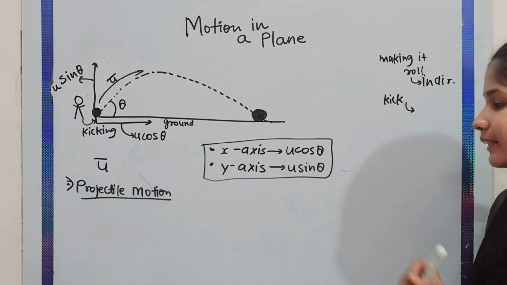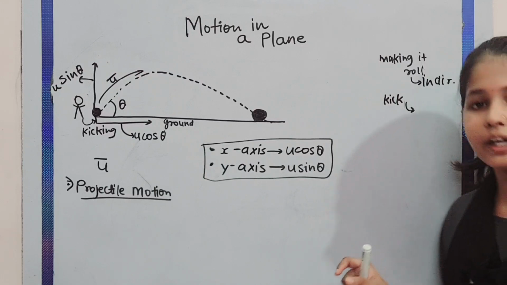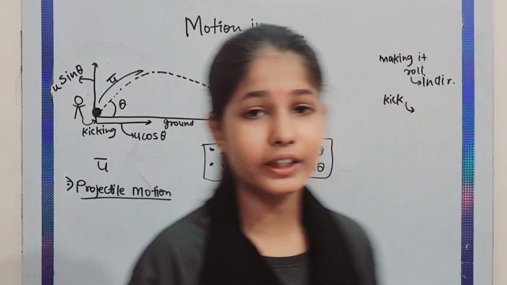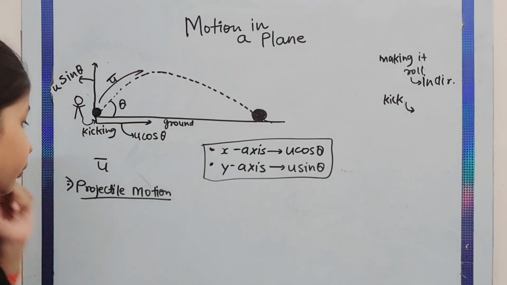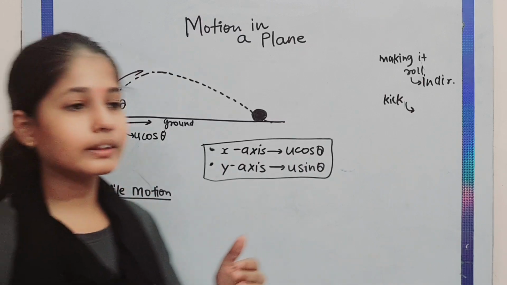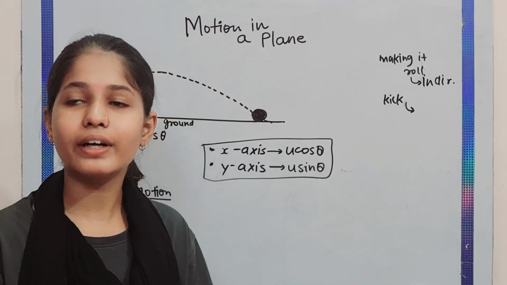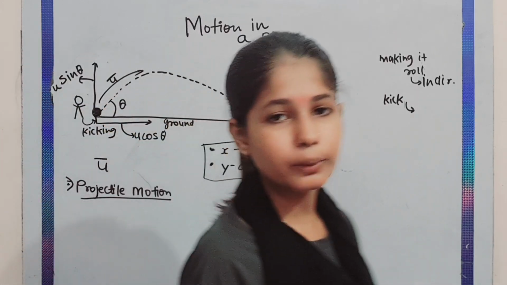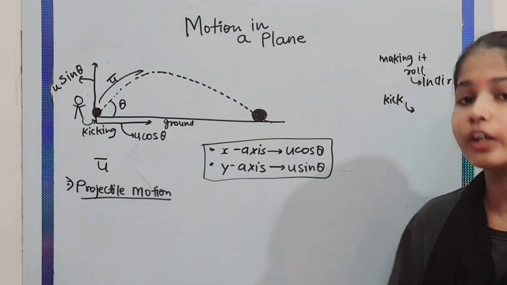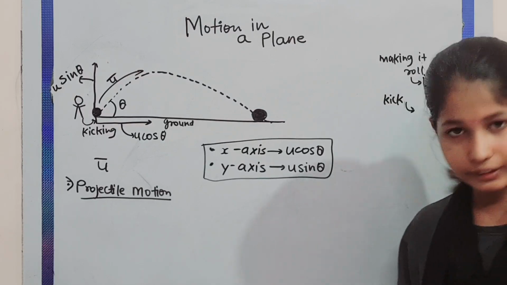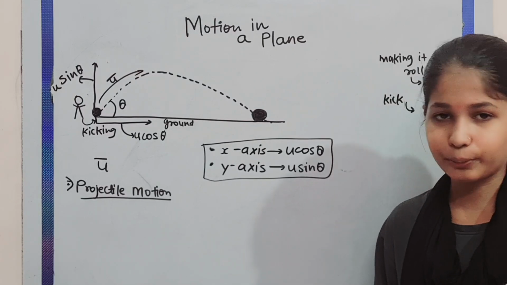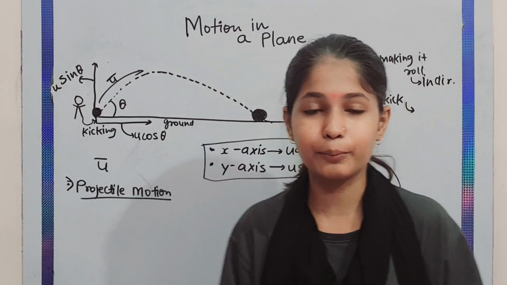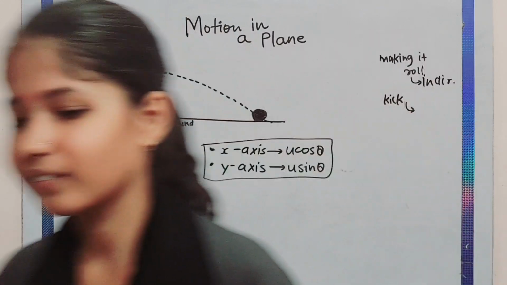Let us understand what is meant by projectile motion, and I am going to give the definition. Then we are going to find some algebraic expressions, which are very important to find out some other values. So let's come to the next topic to understand projectile motion.